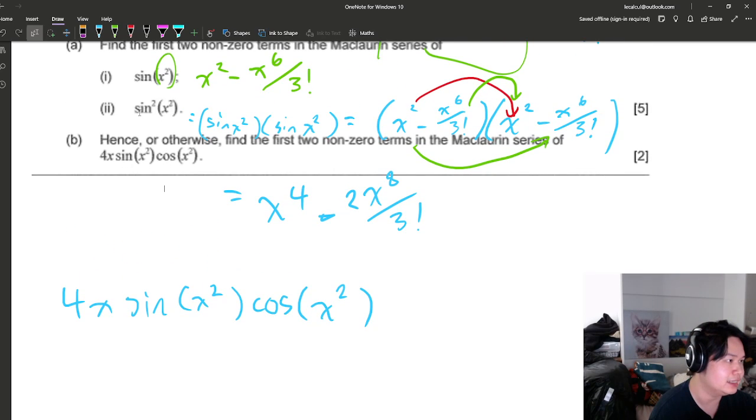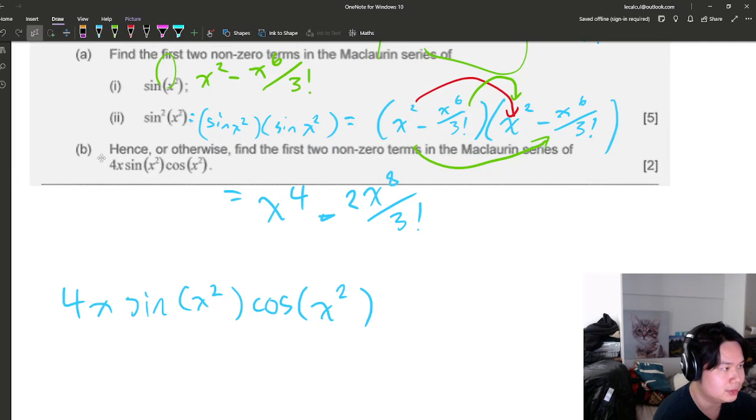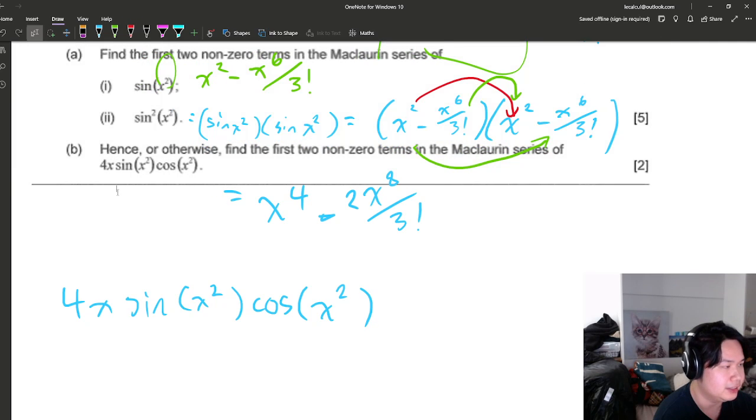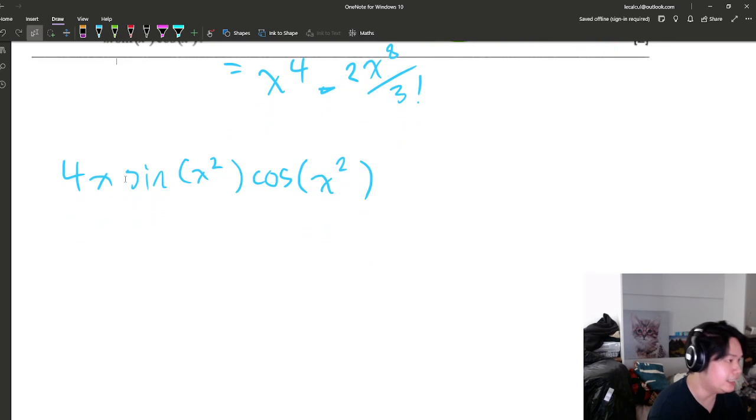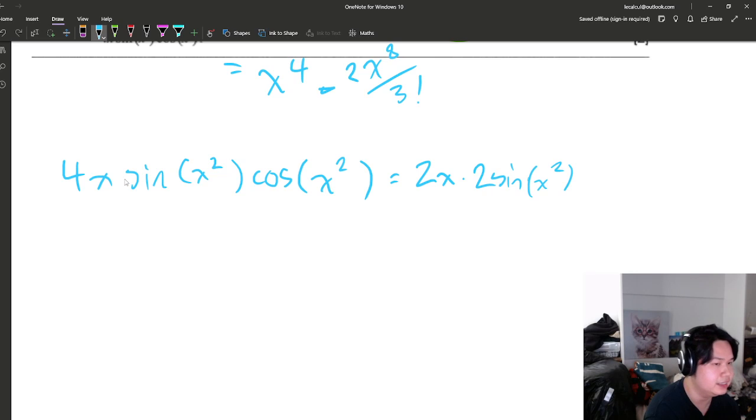And the way you do that is they asked you for sine squared for a reason. If you look at the format of this, you have a sine times a cosine, and then there's a 4 here, which means that there's a 2. There's a 2 here. So this is kind of a sneaky thing, and you kind of need to be able to see it. I'm going to rewrite the 4x as 2x, and then there's the other 2 split off, and it's going to be multiplied with the sine and the cosine.